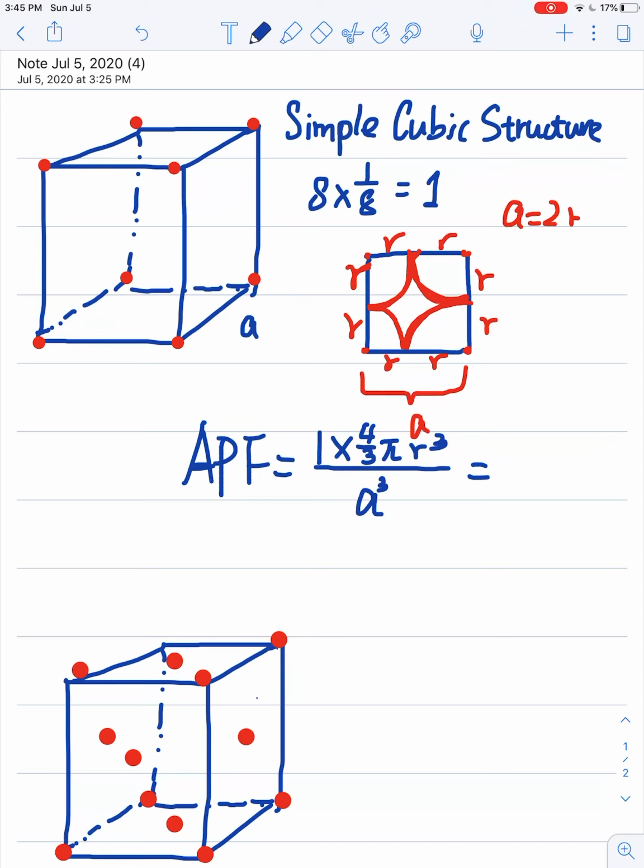Okay, do the calculations and substitute R. So R here equals A/2.